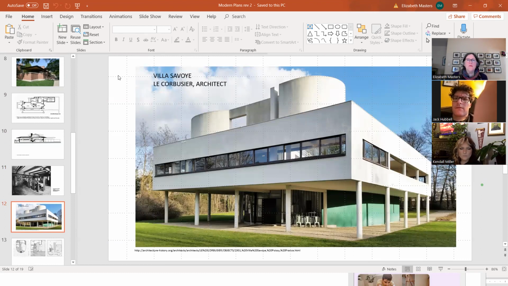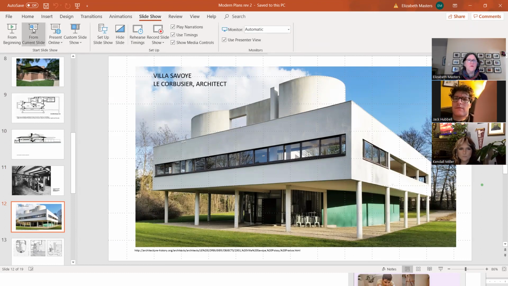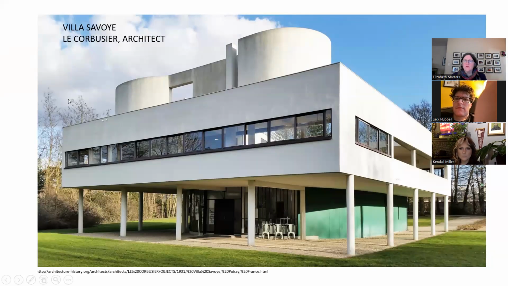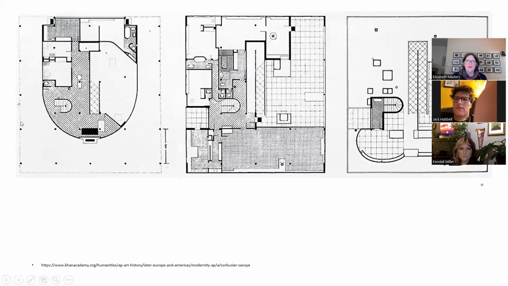Some people have mentioned that they were thinking about ramps. Well, this is a good building to look at if you're thinking about a ramp, because the ramp is kind of the organizing device and perhaps one of the major focal points of this scheme, because there's the ramp right in the middle.